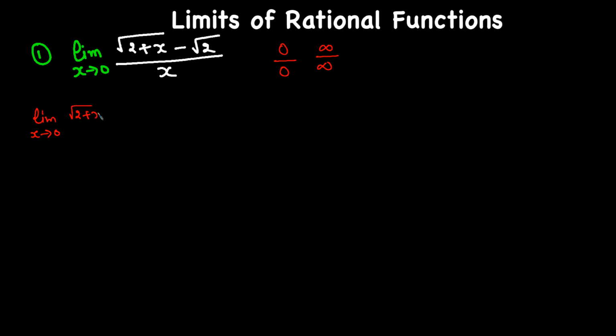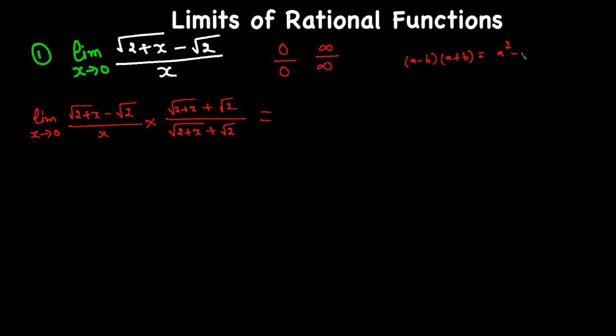So we have root of 2 plus x minus root 2 over x. We're going to multiply by root of 2 plus x plus root 2 over root of 2 plus x plus root 2. Okay, so let's solve this. We're going to use some algebraic steps here. As you see, this looks like a minus b times a plus b, which is equal to a square minus b square.